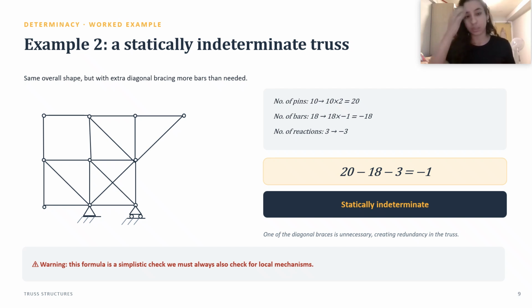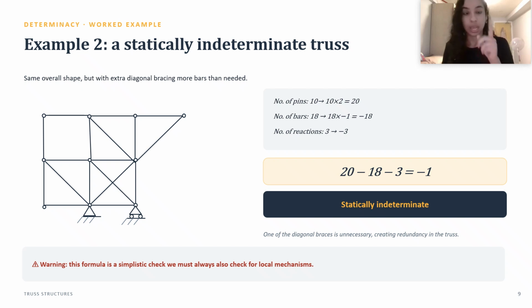You will have to end up with 2. However, we also have a number of reactions. We have a fixed pin and a roller pin. So the total reactions we have to remove is 3. We end up with 20 minus 18 minus 3. 2 minus 3, -1. That is less than 0. We get statically indeterminate truss.